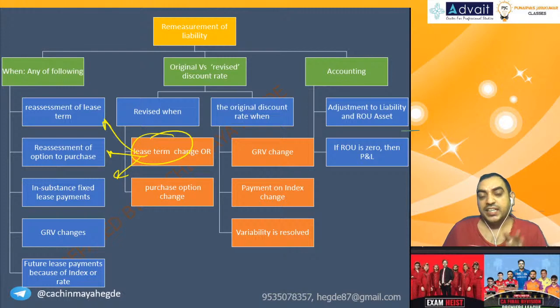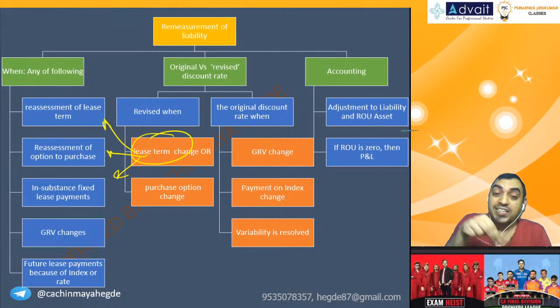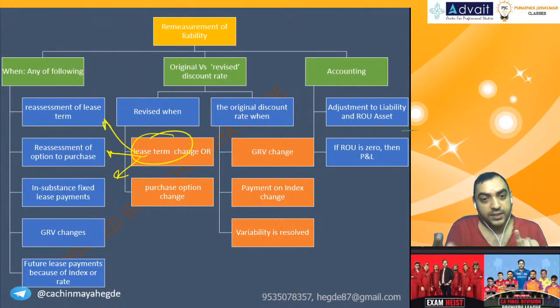If it has to be lease modification, scope should change. Scope means underlying asset as well as lease term as per the agreement, not expectation. Remember three things: lease term as per lease agreement, lease payment as per lease agreement, underlying asset as per lease agreement.